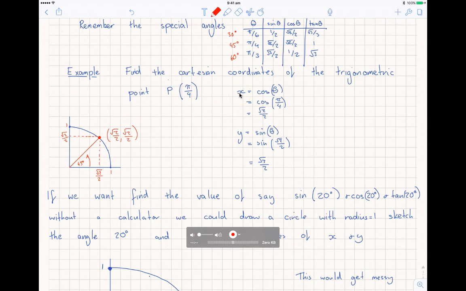We know that x of the Cartesian coordinates is cos of theta. Our theta is pi on 4. So cos of pi on 4 from our exact values is the square root of 2 on 2. Similarly, for y, we need sine of theta, and that's going to be square root of 2 on 2 for pi on 4. Another mistake there, sorry. Should mean pi on 4 in there.